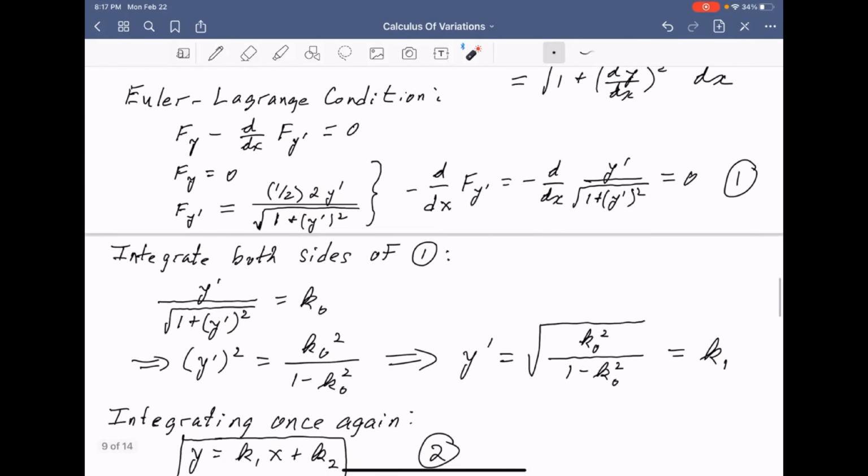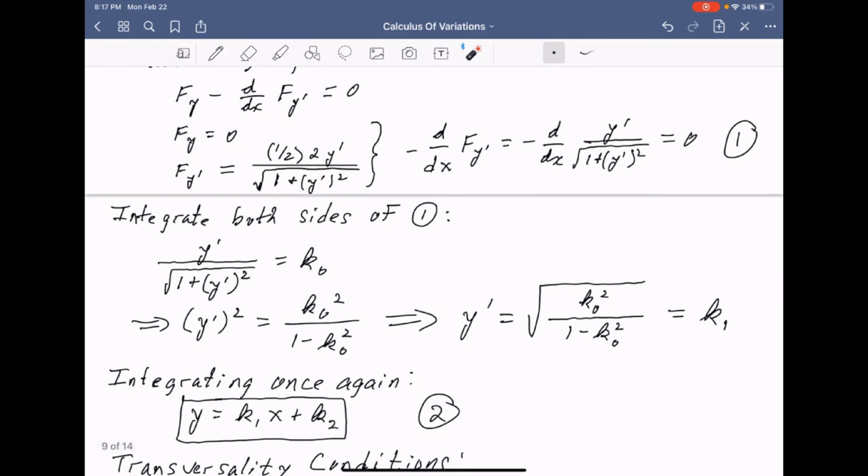We integrate both sides and we get y prime over the square root of 1 plus y prime squared equal to k0. If we solve this, we get y prime squared equals k0 squared divided by 1 minus k0 squared, so y prime is the square root of k0 squared over 1 minus k0 squared, and we set that equal to k1.